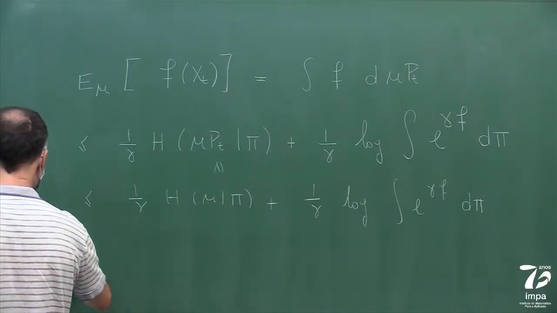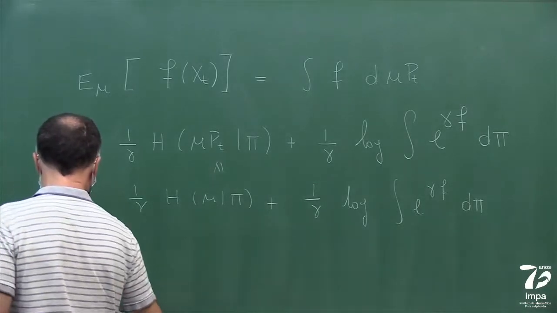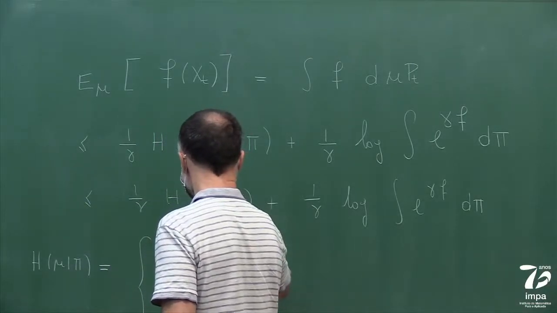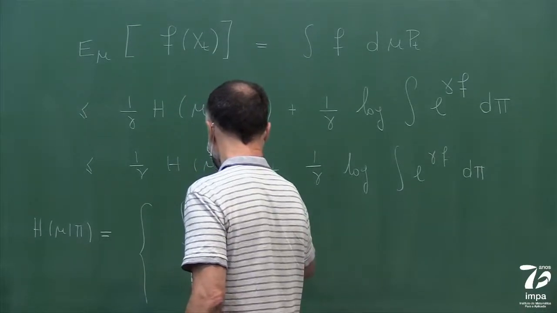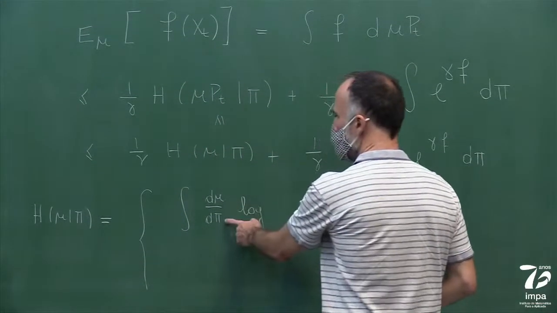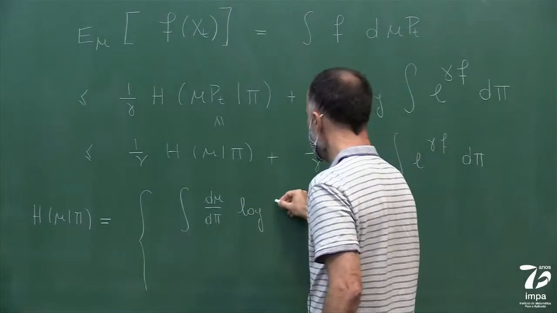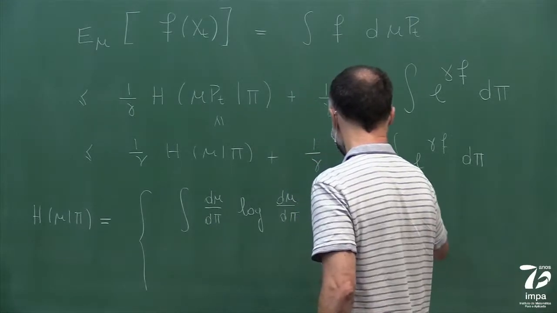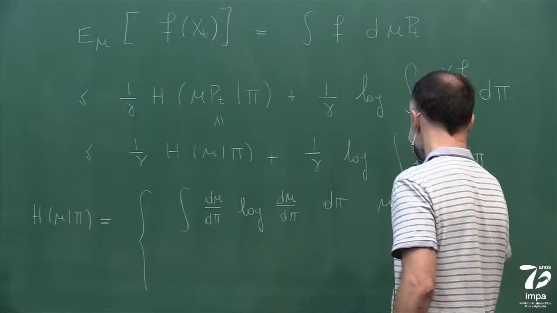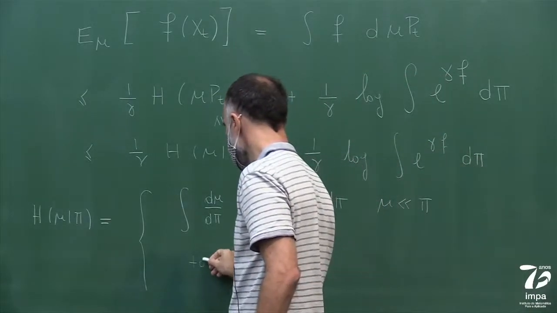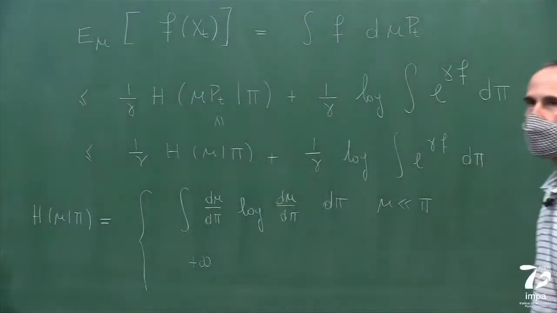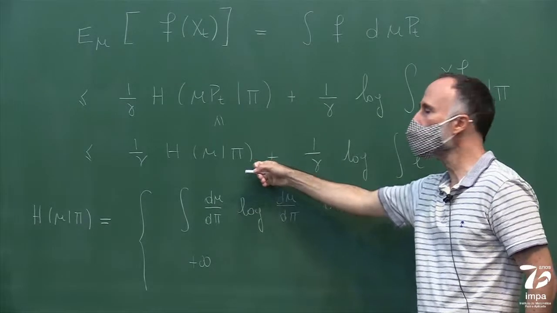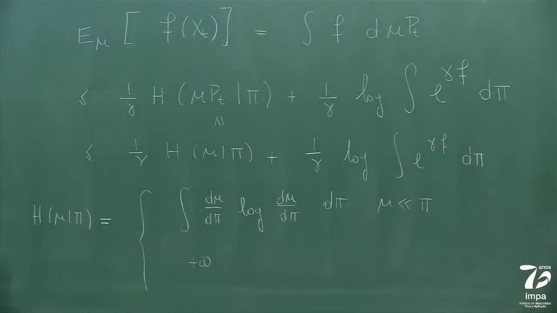The entropy of mu with respect to pi is equal to the integral of d mu d pi log d mu d pi, the Radon-Nikodym derivative of a measure with respect to another, if mu is absolutely continuous with respect to pi. Otherwise, it's plus infinity. So you have a simple exact formula for the entropy. So this term will be easy to estimate, and this one is an integral with respect to a stationary state.